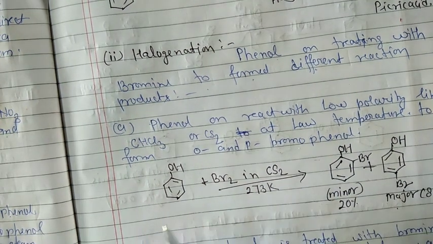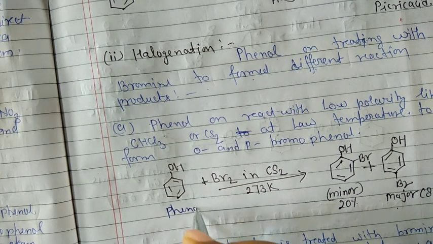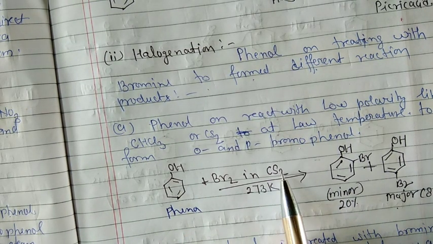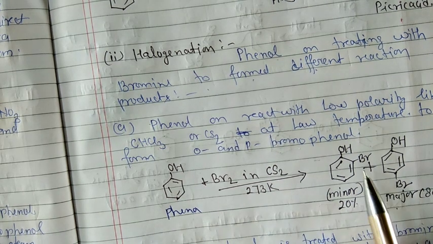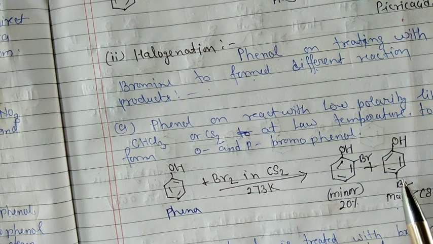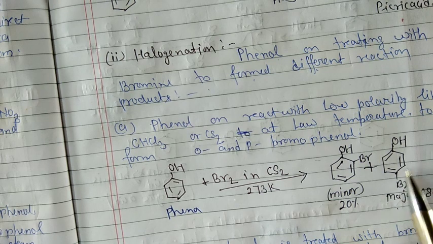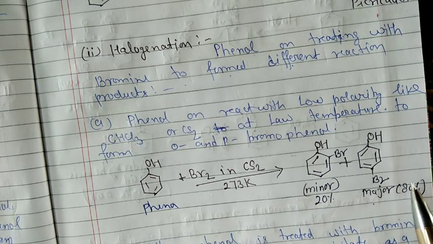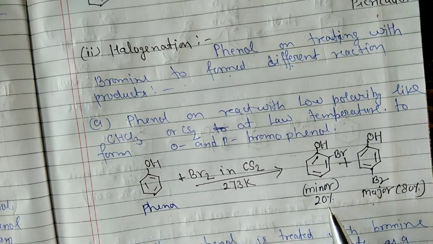And this is the example of phenol reacting with bromine in carbon disulfide at 273 K to form ortho-bromophenol and para-bromophenol. Of these two products, one is the major product and one is the minor product. The major product is formed as 80%, and the minor product is formed as 20%.